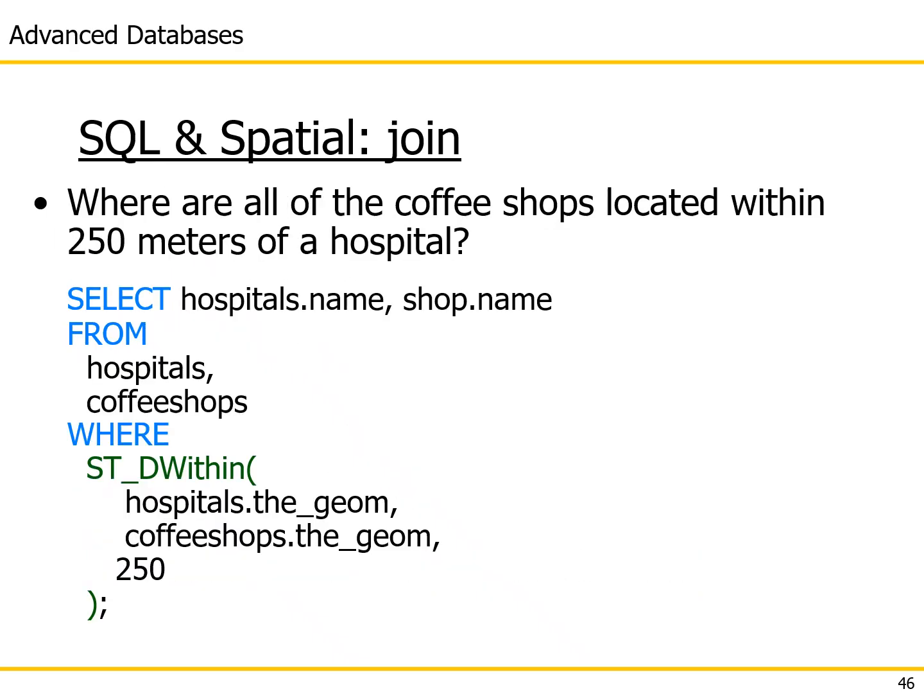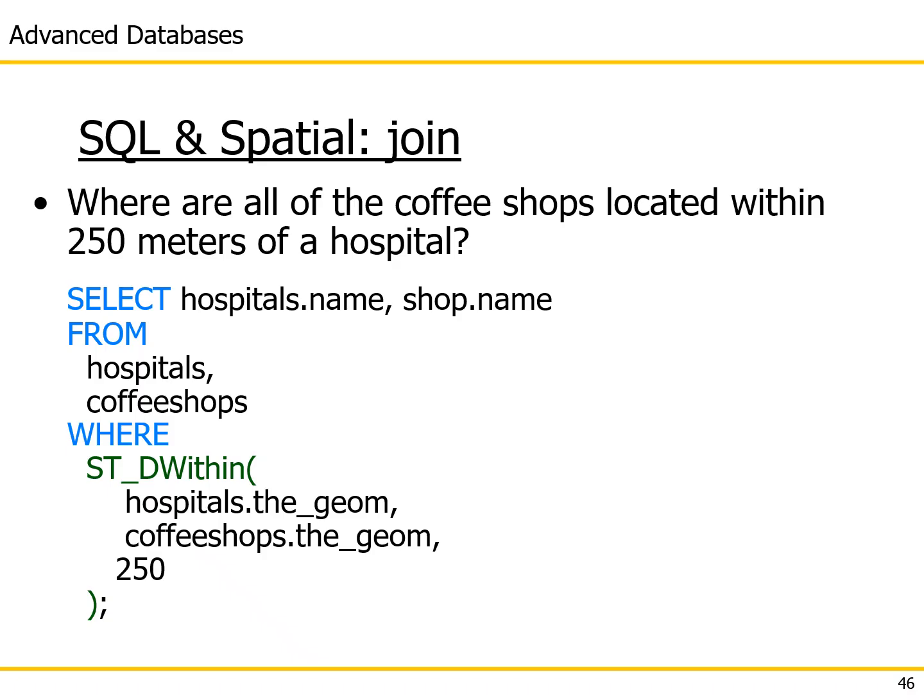So here is an example of this. If I try to find all the coffee shops located within 250 meters of a hospital, I select from the hospitals table and the coffee shop table. And my condition is like this: I use the within function that we have seen before, and I pass it the hospital's geometry and the coffee shop geometry, and I say within 250 meters.